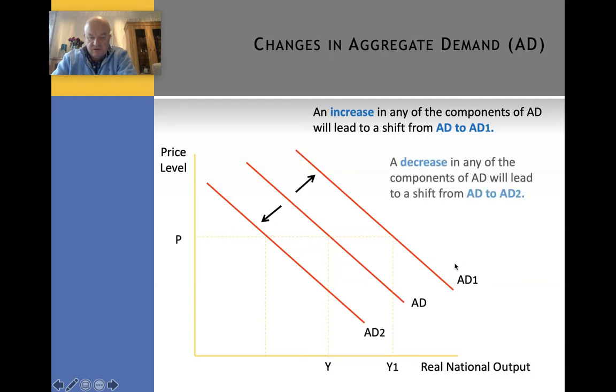If there's a decrease in any of those components, then AD will shift from AD, the original aggregate demand curve, to AD2. So that's demonstrating very clearly that a shift in the aggregate demand curve is down to a change in any of the components of AD, but not the price level.